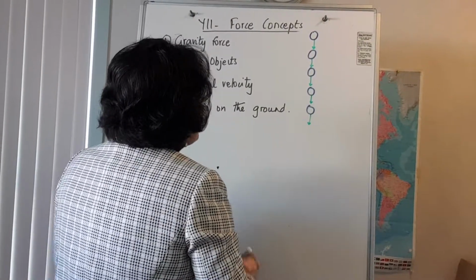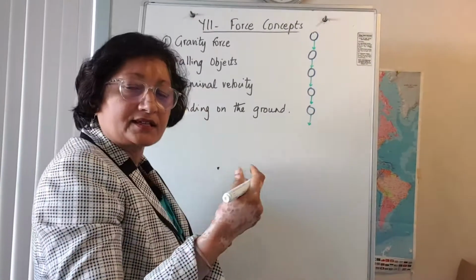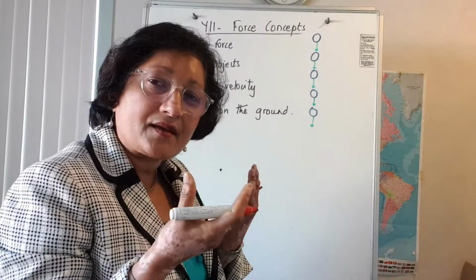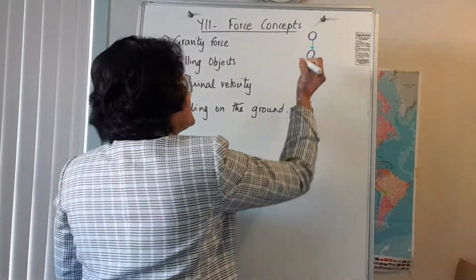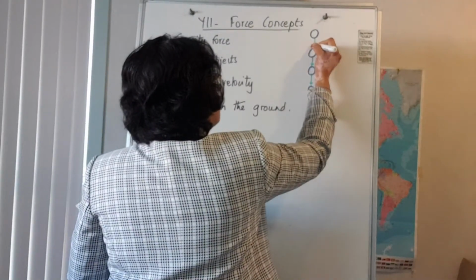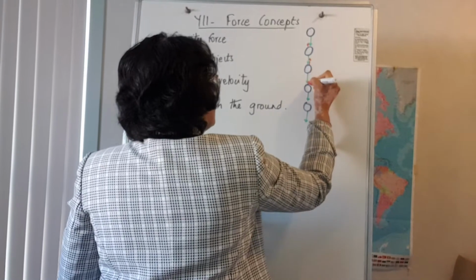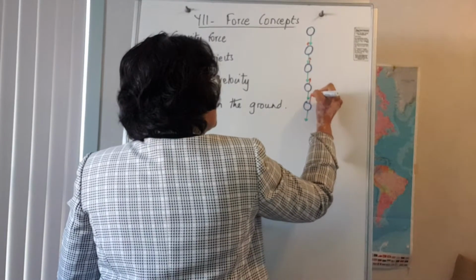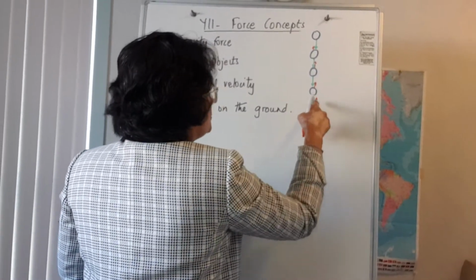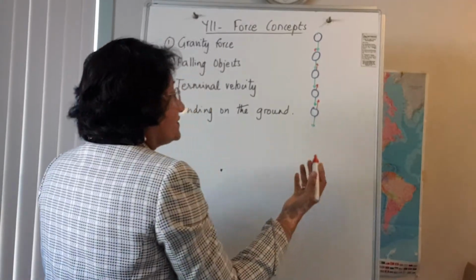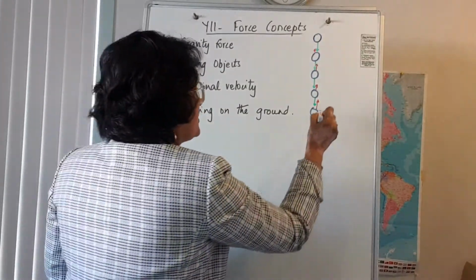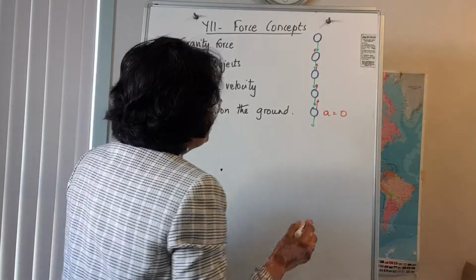Okay, so that's falling from a height, it's coming down. However, as it starts to come down, it gains speed, and there's the air pushing against you, so there's air resistance. So the air resistance is initially very small, but it gets larger and larger, and at some stage when these two forces are equal, the forces are balanced and your acceleration becomes zero.